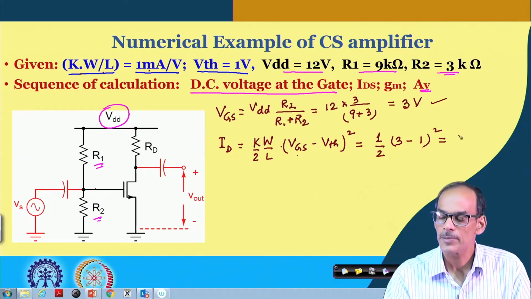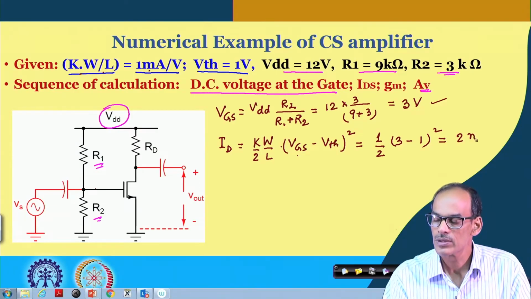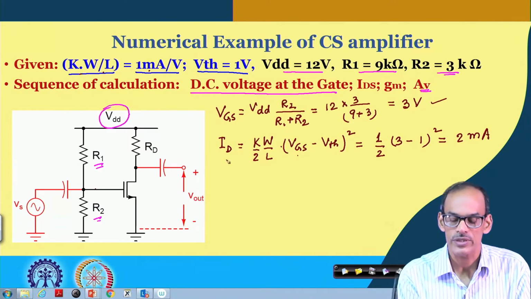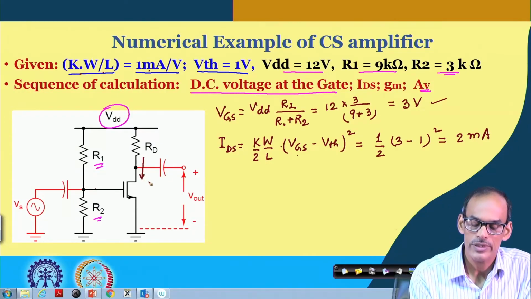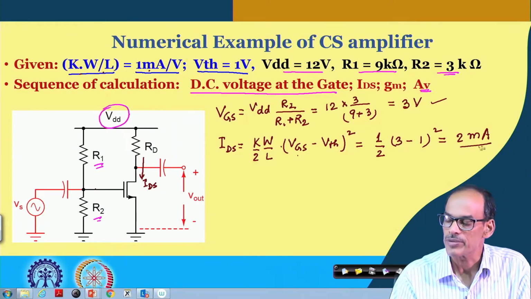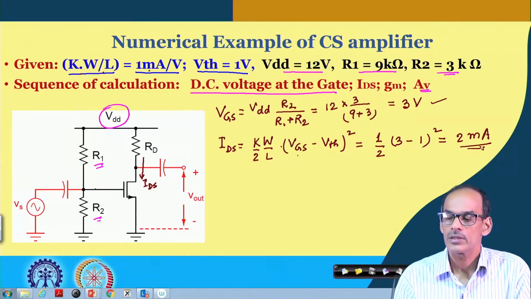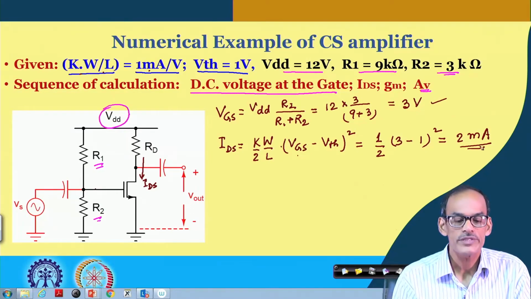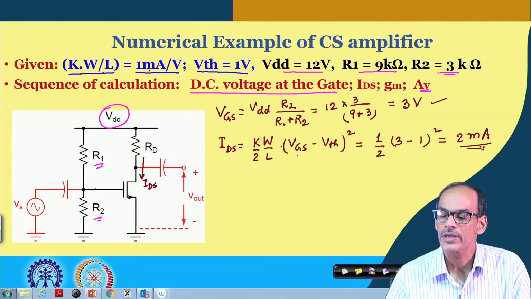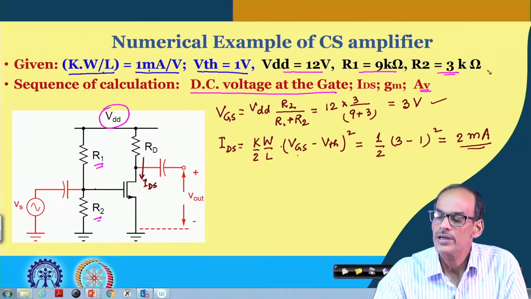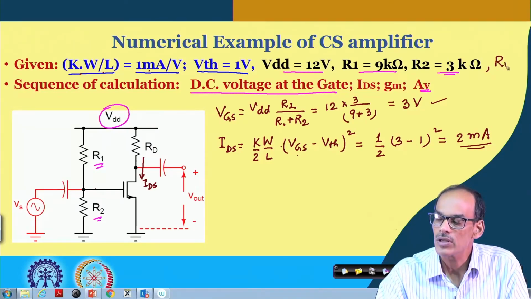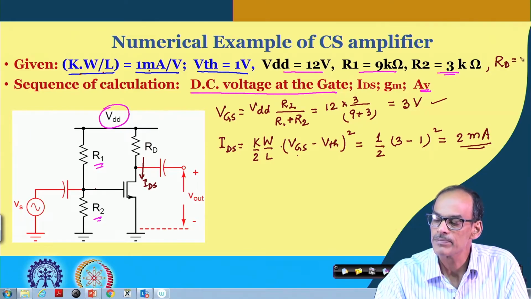That gives us 2 milliampere of quiescent current IDS. So, the quiescent current flowing through this circuit IDS is 2 milliampere. And the value of RD, I think we also need to find the operating point. Anyway, let me consider that RD is also say 3 k.